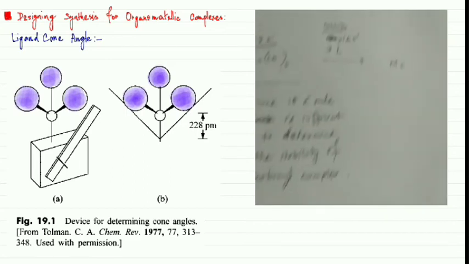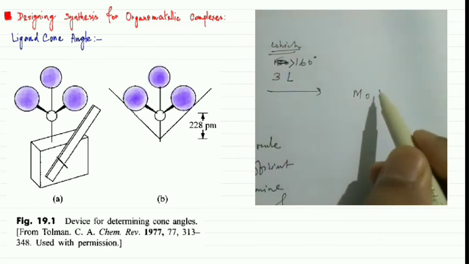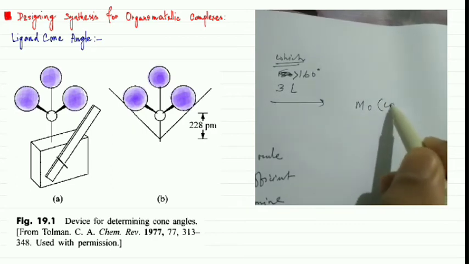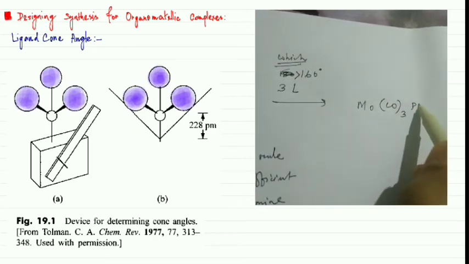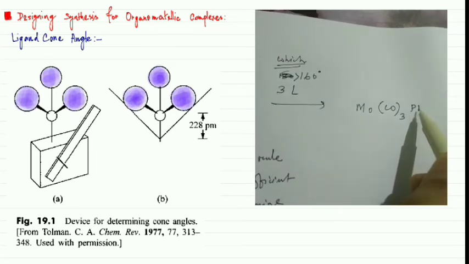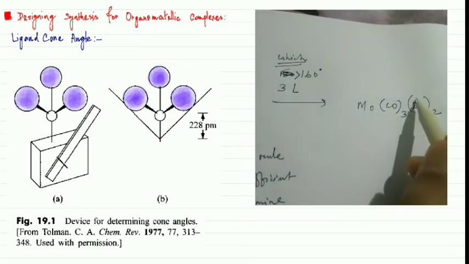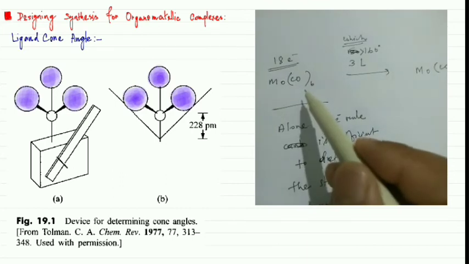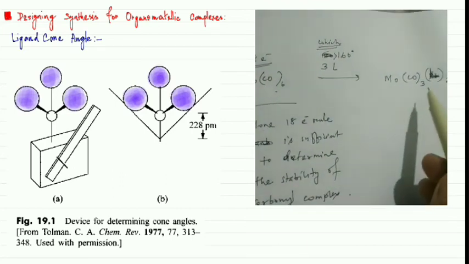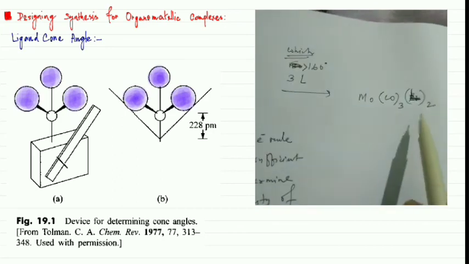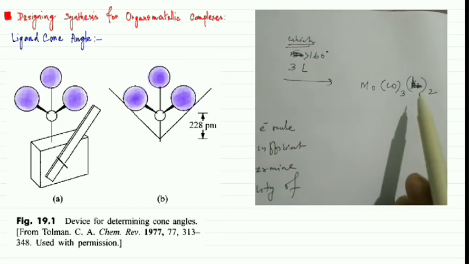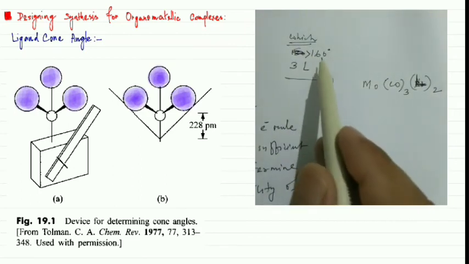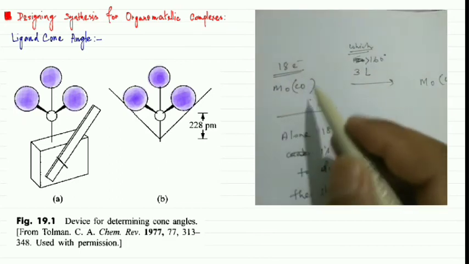Okay, understand? So we can only replace two of them. Actually we can only form a compound like this. Let's suppose this is your ligand L. Here you see we replace 3 carbonyl ligands by 2 ligands which have a cone angle more than 160 degrees.